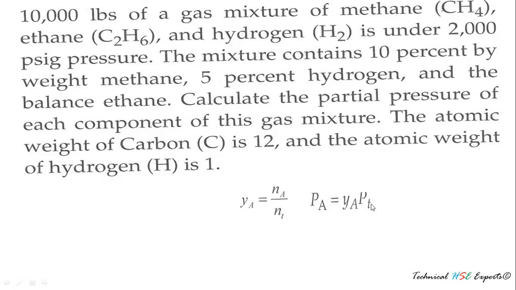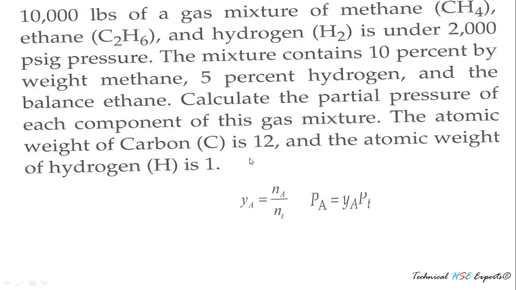Now let us see the question. 10,000 pounds of a gas mixture of methane, ethane and hydrogen is under 2000 psi gauge pressure. The mixture contains 10% methane and 5% hydrogen and the remaining 85% ethane. Calculate the partial pressure of each compound of this gas mixture.